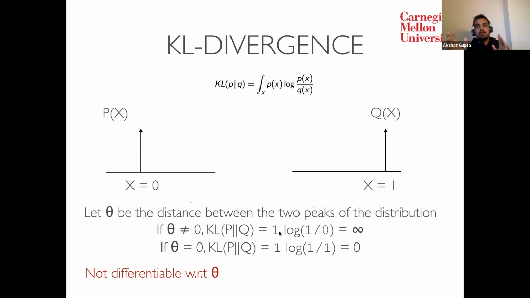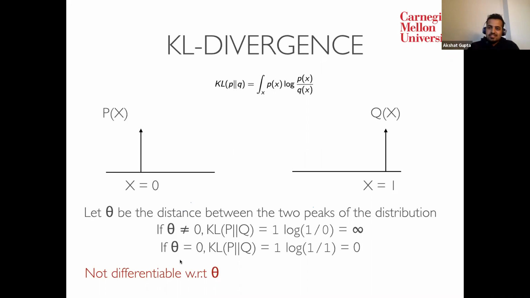You can do the math. It's very trivial. You just use this formula, use summation instead of an integral. The distance between the two peaks, whatever it might be, if it's not 0, the KL divergence is going to be infinity. If it is 0, the KL divergence is going to be 0.